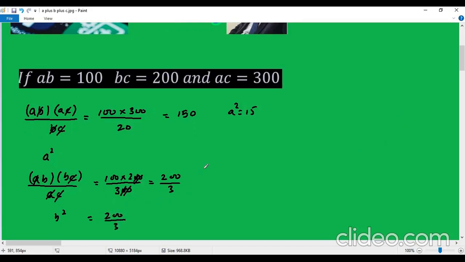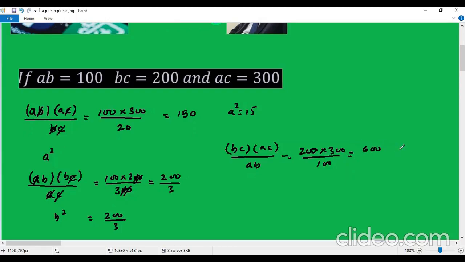Now the third value, which is BC multiplied by AC and divided by AB. Substituting the values, this is 200 multiplied by 300 and divided by 100. So this is going to give us 600 in total.